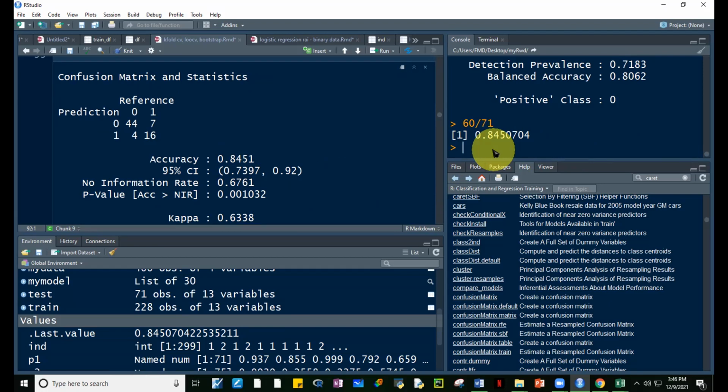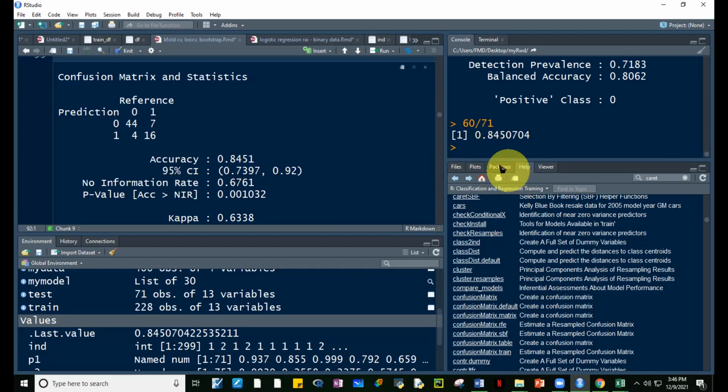Tapos tinignan natin kung ano yung accuracy ng model natin. How accurate was it this time in modeling a data that it has not yet seen? Hindi pa niya nakita yung test data na yan. So ang lumalabas, 84%. Quite high, no? A very high accuracy rate.